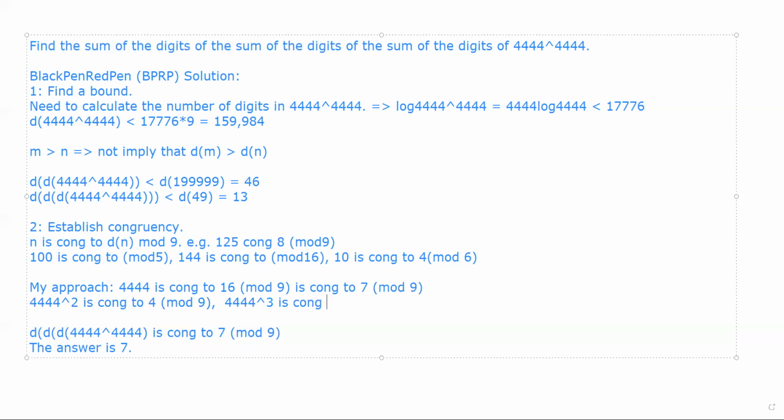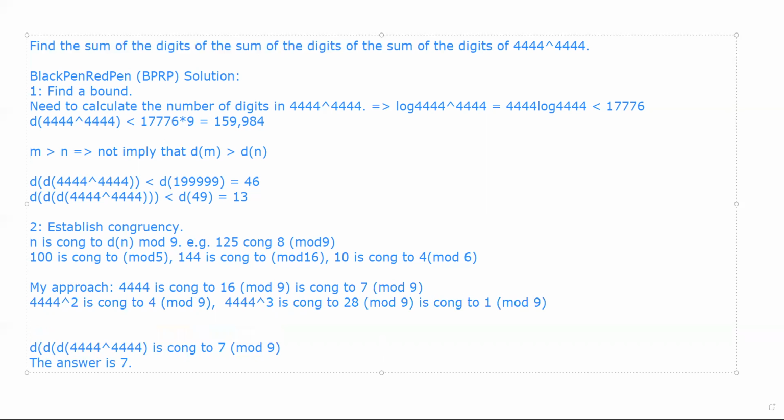Then that's congruent to 4 times 7, that's 28 mod 9, which is congruent to 1 mod 9. And then 4444 to the power of 4 is congruent to 4444 to the power of 3 times 4444. So that's 7 times 1. That's 7 mod 9.